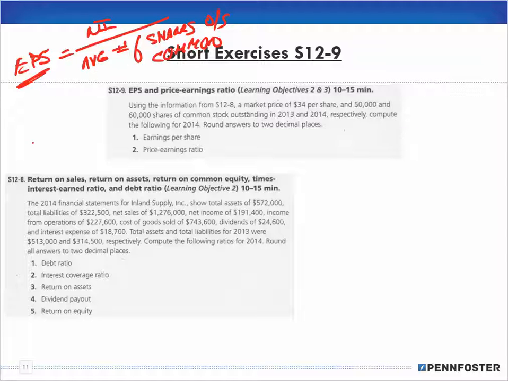In Intro to Business, you were given the formula for earnings per share as earnings, or net income, over shares. Now, in financial accounting, you've delved a little bit deeper into this particular formula, because now, instead of just shares, we're looking at the average number of shares.